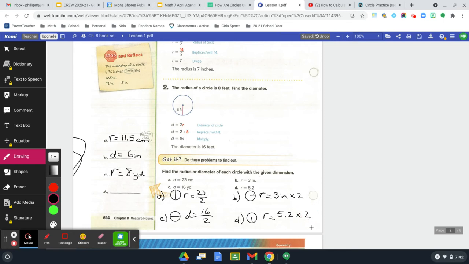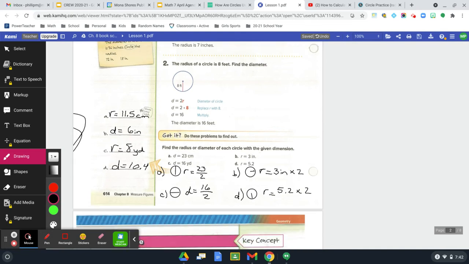So 5.2 times 2 is going to give you a diameter of 10.4. It doesn't give me a unit this time, so just 10.4. So you're doing the opposite of what's given to you. If you have the diameter, you're finding the radius. If you have the radius, you're finding the diameter.